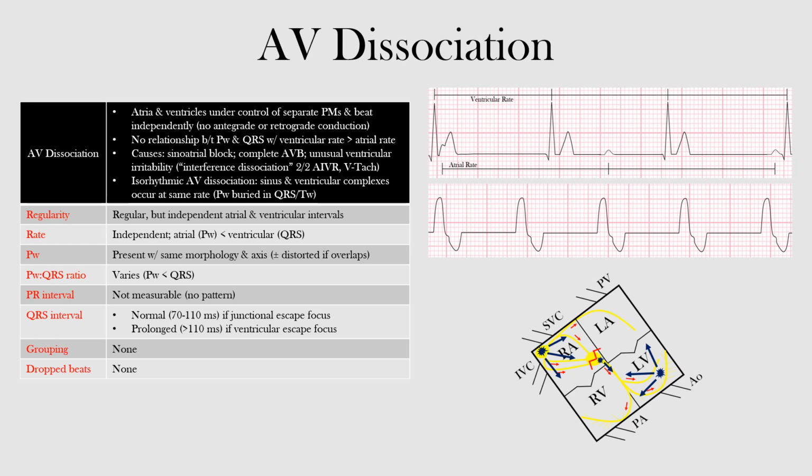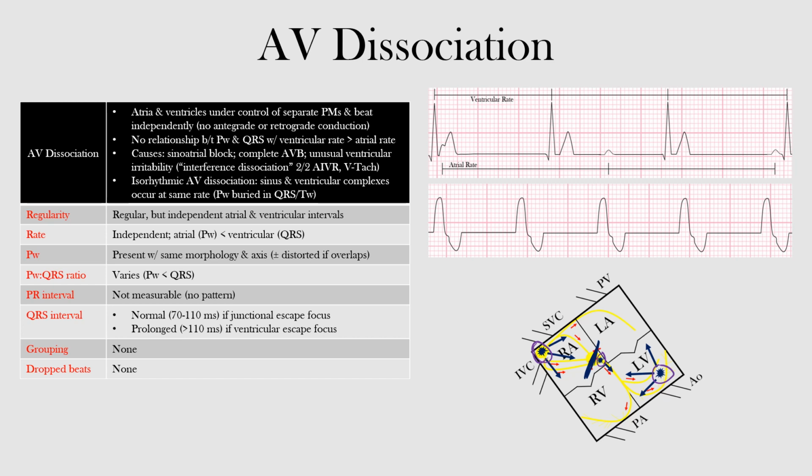Okay, so what you see here is that we have a block going on where the atria and the ventricles are just separated, beating independently. We can have a pacemaker coming from somewhere in the atria, here in the sinus node, and then one in the ventricles, maybe from a junctional beat or somewhere within the ventricles itself.